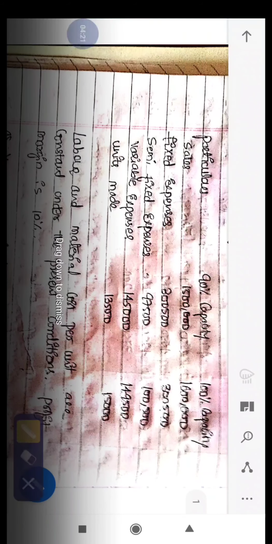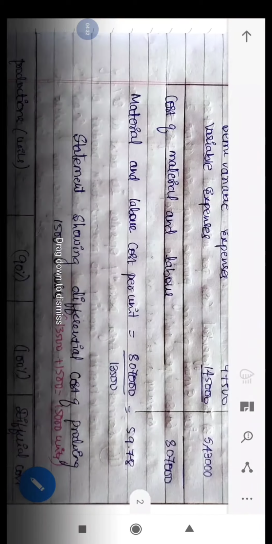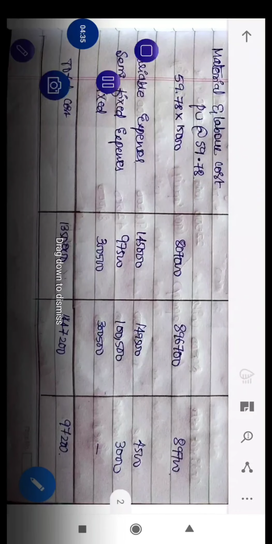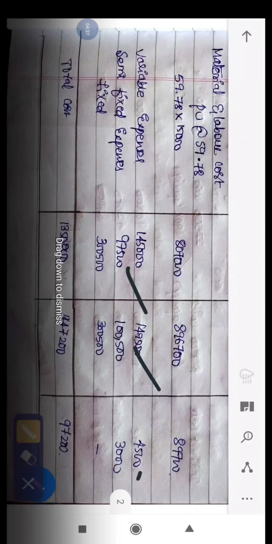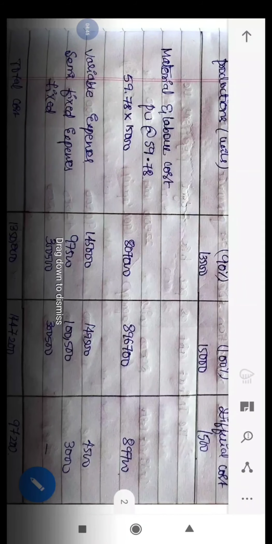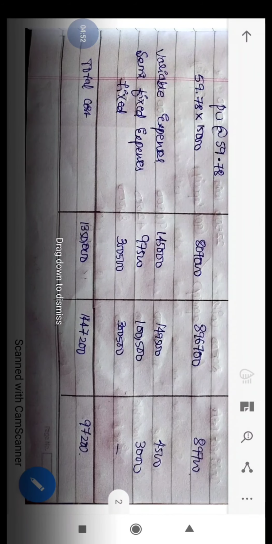For 90% it is 97,500, for 100% it is 1,05,000, so 3,000 is the difference. Fixed expenses are fixed, unchangeable, so it is nil. If we total all this, 89,700, 4,500 and 3,000, the differential cost is 97,200.